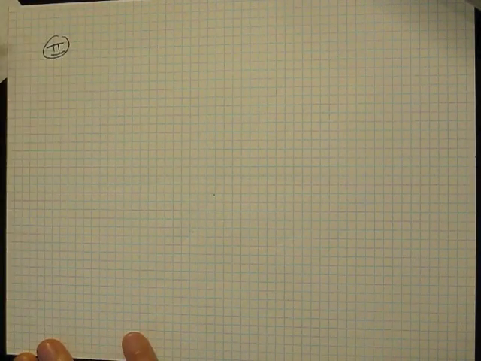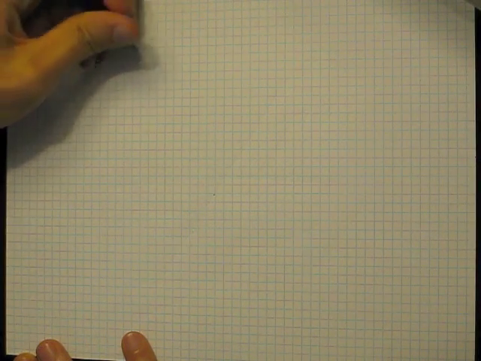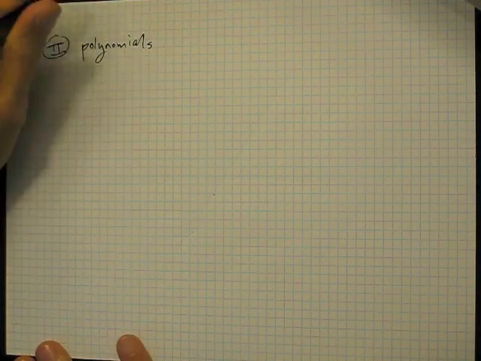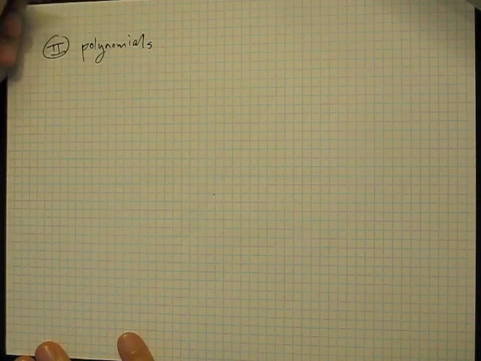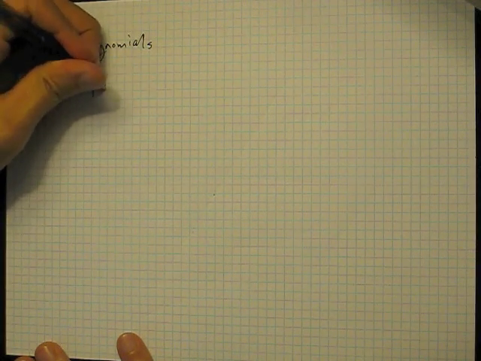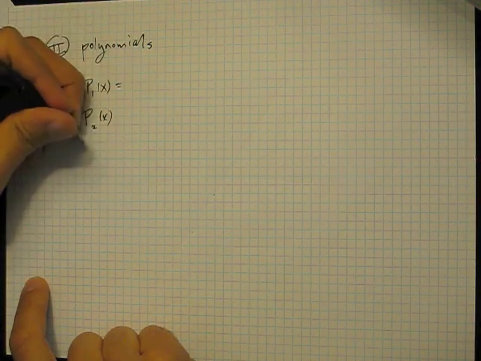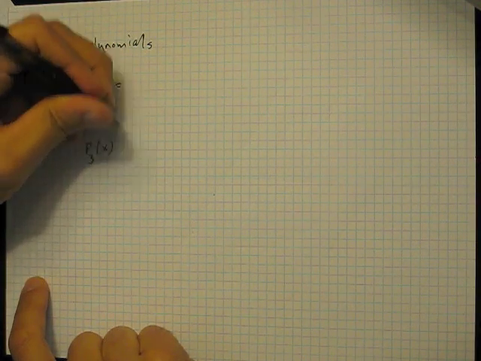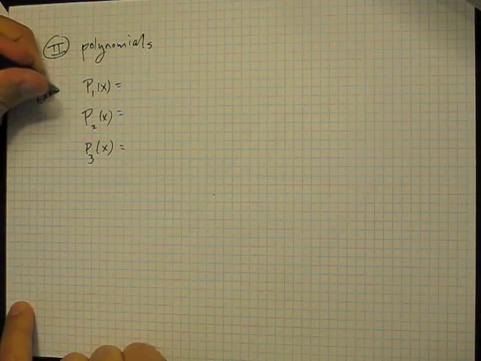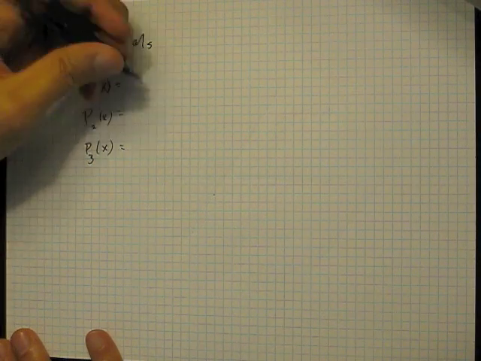Okay, another essential function, or I guess this is a class of essential functions. Really, lines are contained in this next class of functions, but, well, whatever. So polynomials, so hopefully you all know what polynomials are. Let's write down a bunch of them. So I'll give them little numbers, p1, p2, p3. These are just examples of polynomial functions. So here's an example.